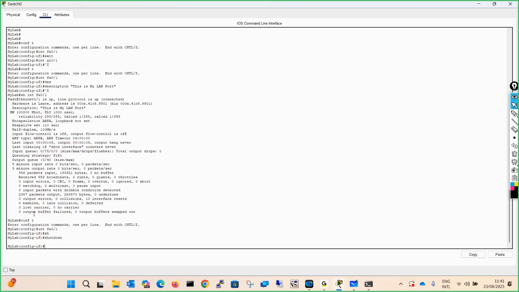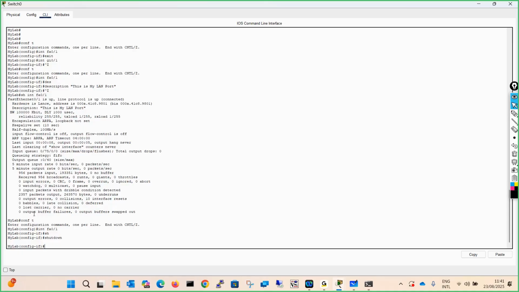Now, one more thing, as I told you, the commands which are working in the previous mode will work over here also. But if you want to run a privilege mode command in another mode, like configuration mode or interface configuration mode, you can do it, but there is something you need to add.